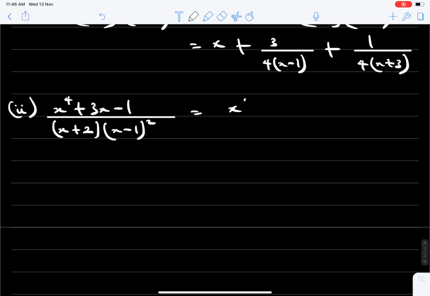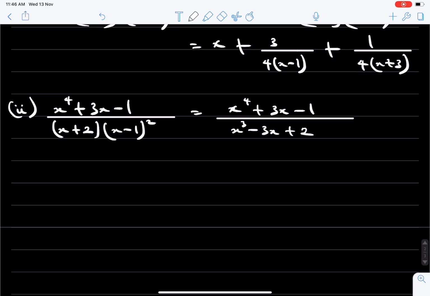Write this as x raised to the power 4 plus 3x minus 1 divided by x cubed minus 3x plus 2.